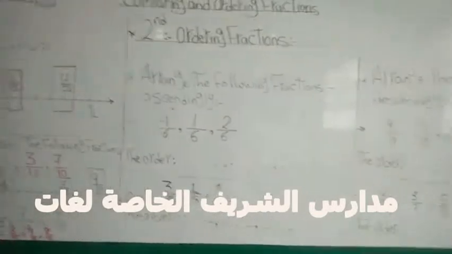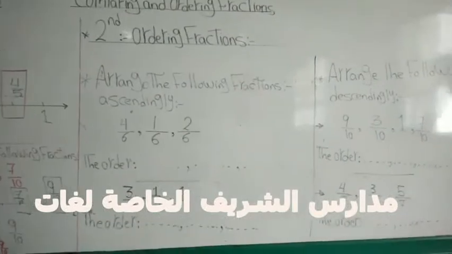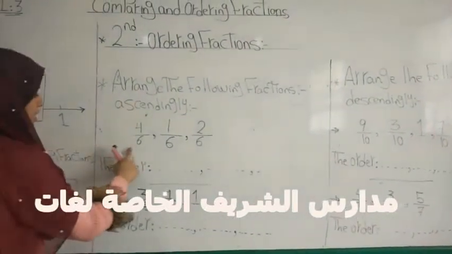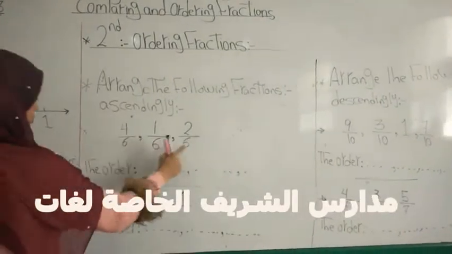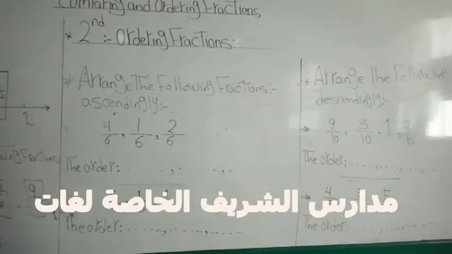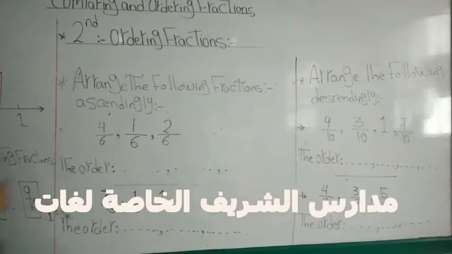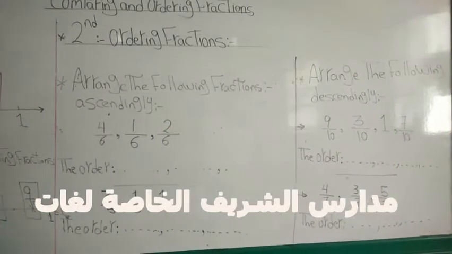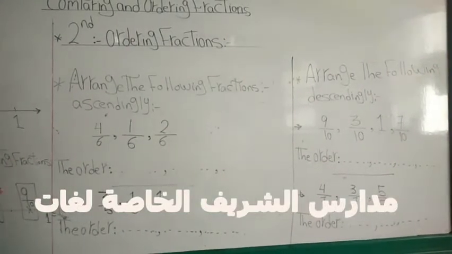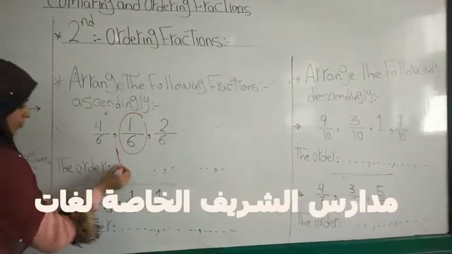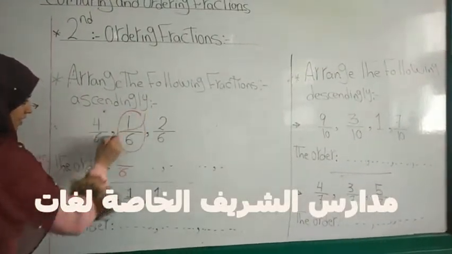The third exercise is arrange the following fractions ascendingly. Check at first that we have the same denominator. Yes, we have 6 in all denominators. So look at the numerator: 4, 1, and 2. 1 is the smallest numerator, so 1/6 is the smallest fraction, and we write 1/6 first and cancel it.